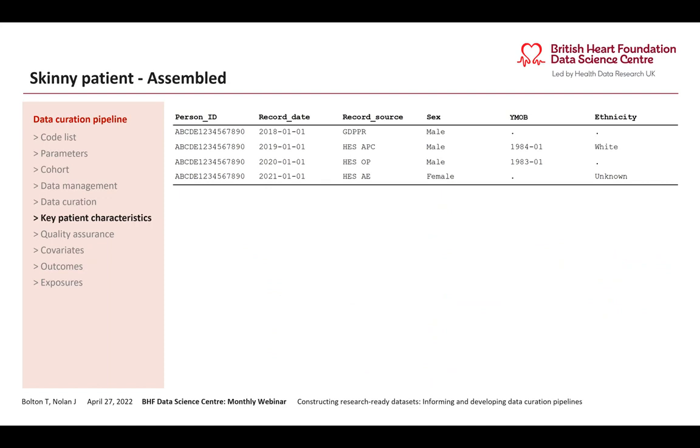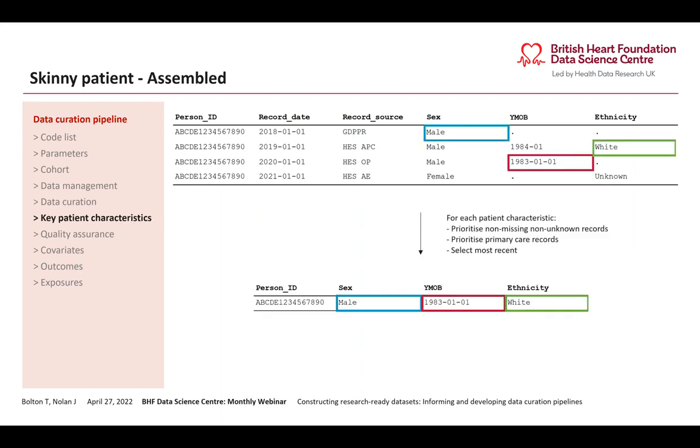So here we have synthetic data for one individual. We've got 4 records, each being from a different data source. And then we select the most recent record after prioritizing non-missing, non-unknown records and primary care records. So for sex, we select the value associated with the primary care record.